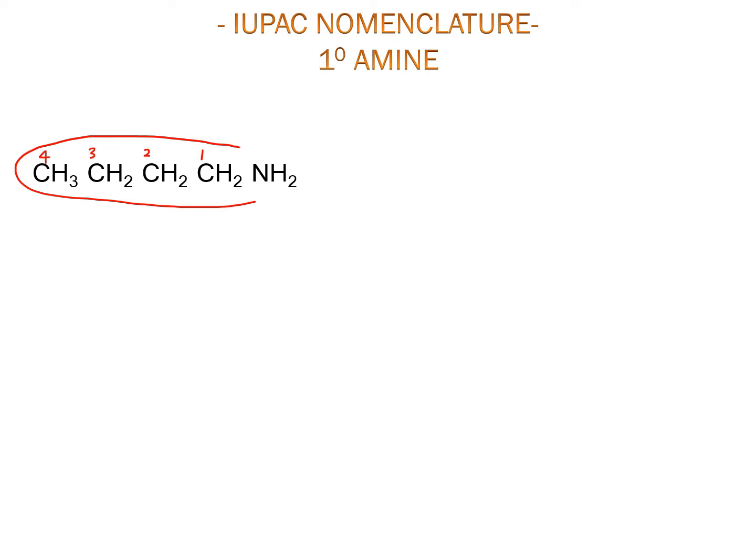The amino group is located at the lowest number carbon, which is carbon number 1. So the name is 1-butanamine. Since the amino group is bonded to only one alkyl group, the class of amine is primary.